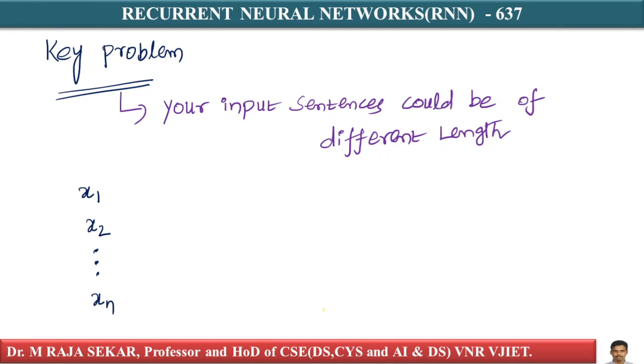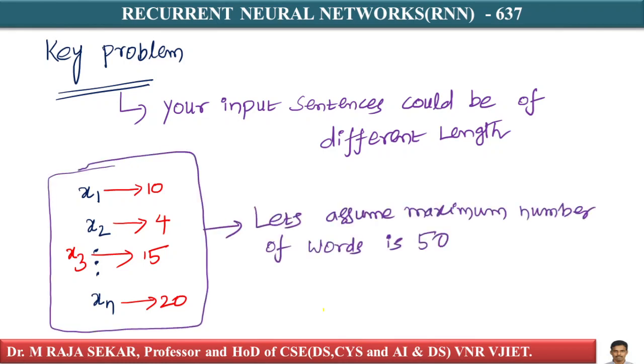Let me assume there are n reviews. Let me assume my x1 review has 10 words, x2 review has 4 words, x3 review has 15 words, and xn review has 20 words. I will take the maximum of all these reviews. Let's assume the maximum number of words in a particular review is 50. Just let it be 50.